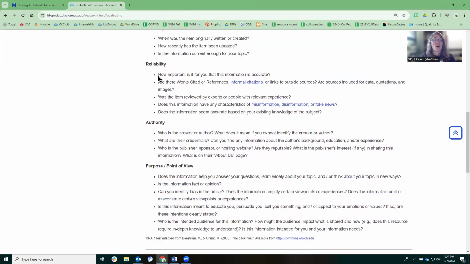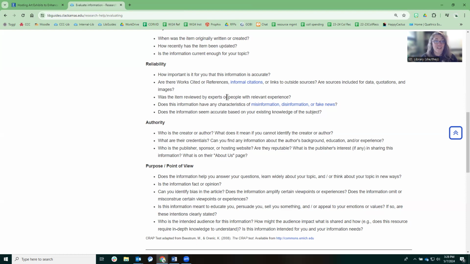All right, the R in CRAP is reliability. So this gets down to how do we know whether or not something is accurate? And there's a couple of different ways you can do this. The easiest way is if the article or book you're looking at has citations and references in it. If there's a references list at the end and you can look at some of those things and see that, hey, this is lining up with these other things, it's pretty accurate.